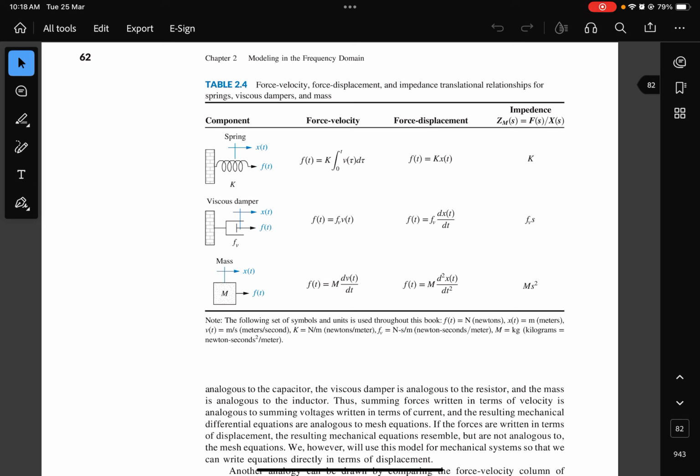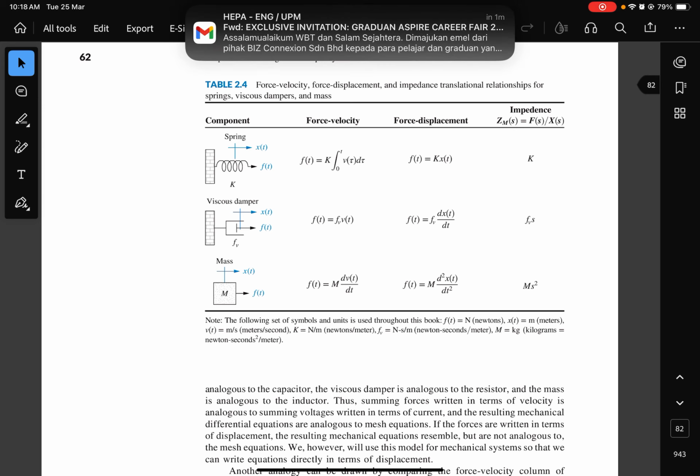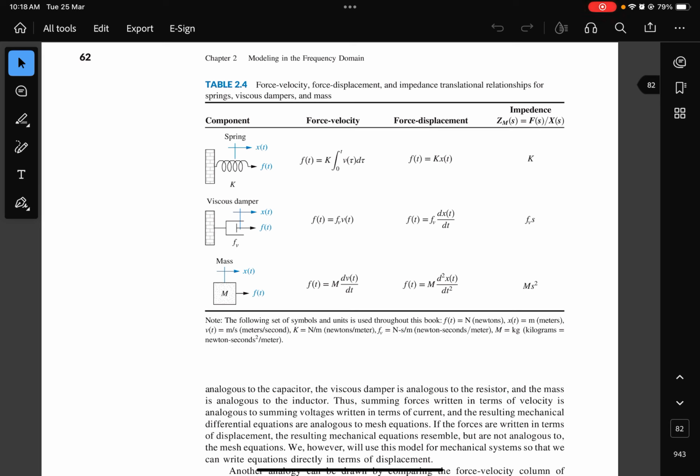And then on the right side you'll see the impedance. The impedance is the value for the f(t) that has been applied with Laplace transform. So for the spring, f(t) is kx(t), and with Laplace transform it becomes k.